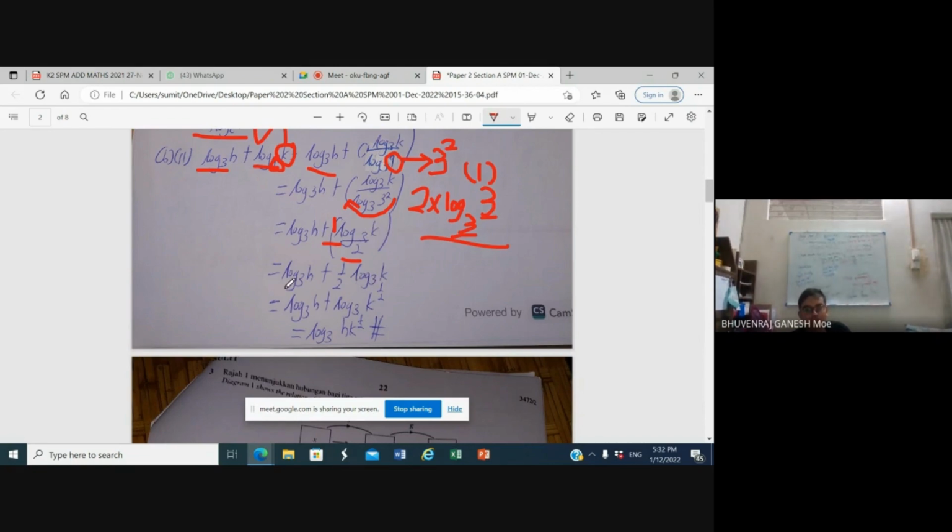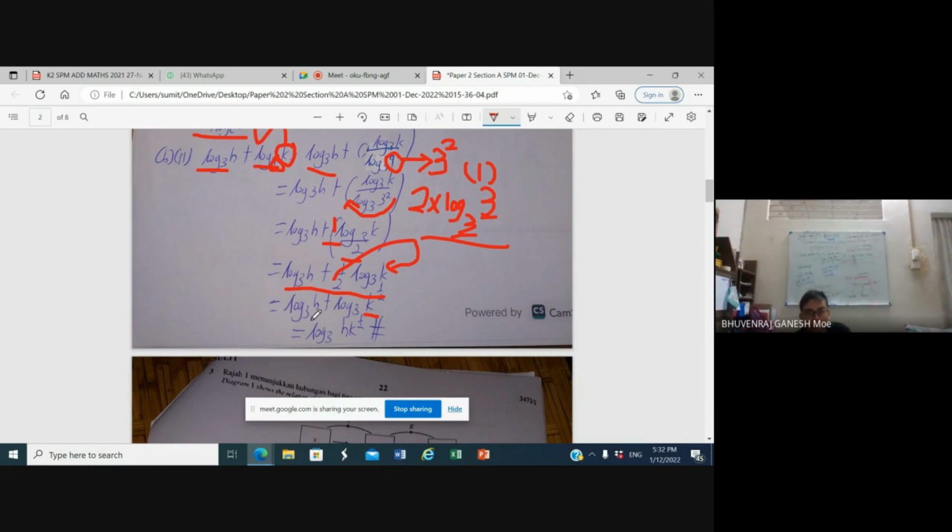So that's how I get to here. And then based on the indices rule again, I move the half on top here just to modify. Because from here, the power I bring it down, it means I can also reverse the process. When I put the power down there, I can bring it up. So that's how I get log 3 h plus log 3 k power 1 over 2. Just the inverse.